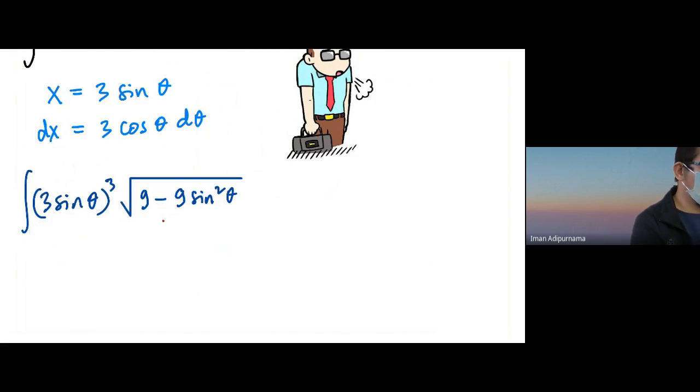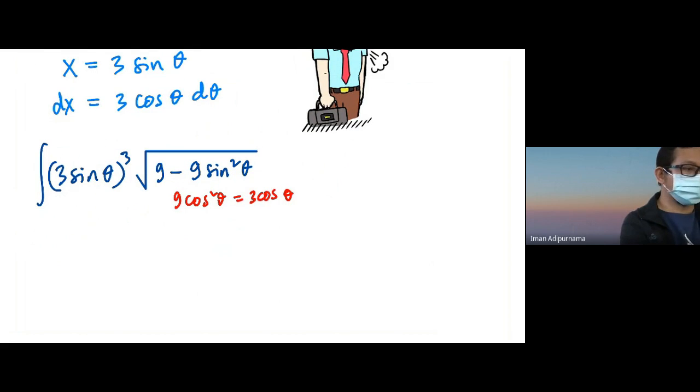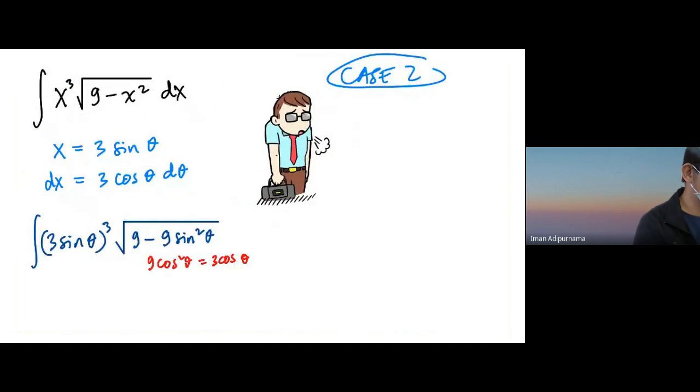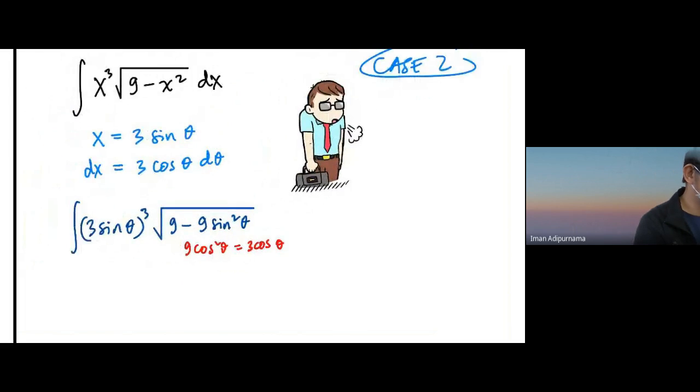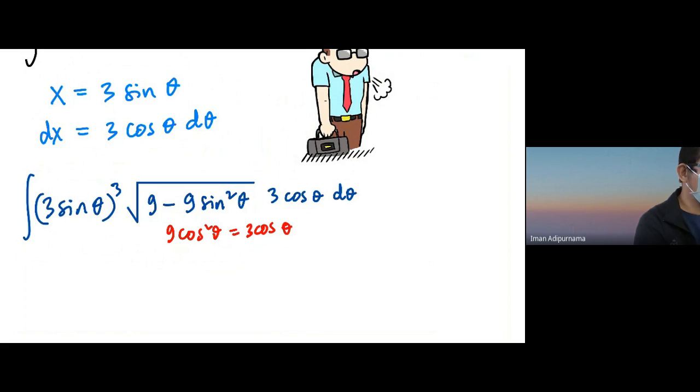And this will become 9 cos squared theta, or eventually the square root gives 3 cos theta, right? And dx is 3 cos theta d theta.